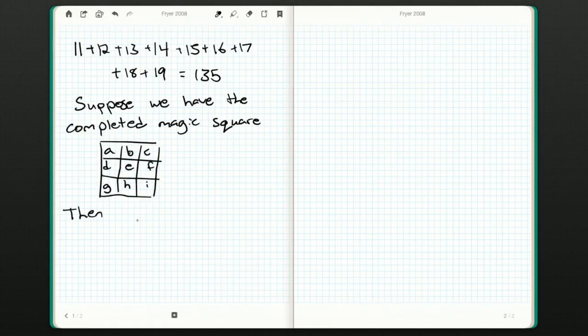Well, what do we know? We know that each of these numbers, one of them is going to be 11, one of them is going to be 12, and so forth. We also know that the sum of the rows is the same.